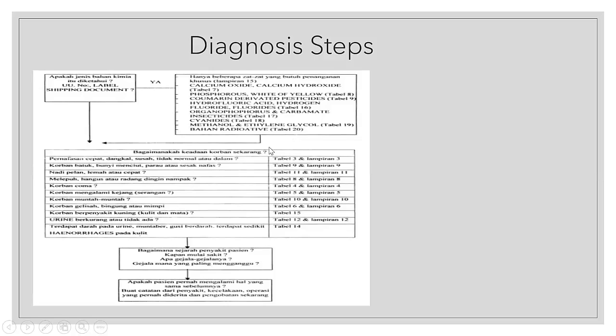So then, how is the condition of the victim right now? This is another action: whether they breathe quickly, and whether they have a problem with breathing, abnormal breathing, and see table 3 or attachment 3.